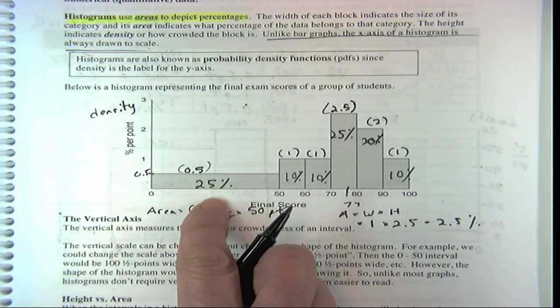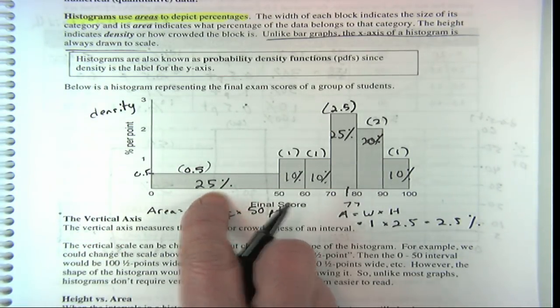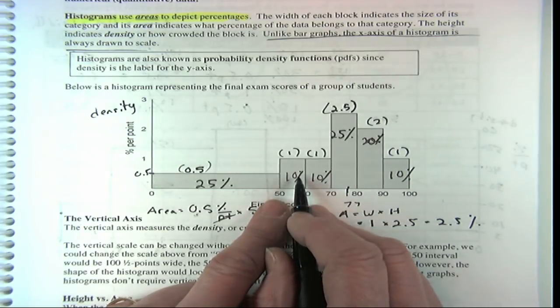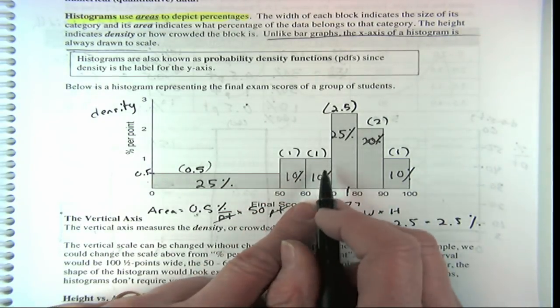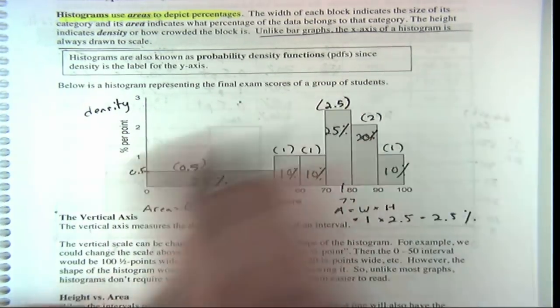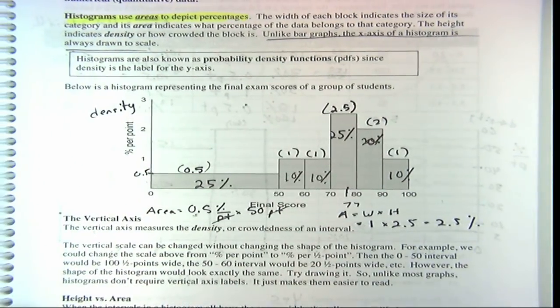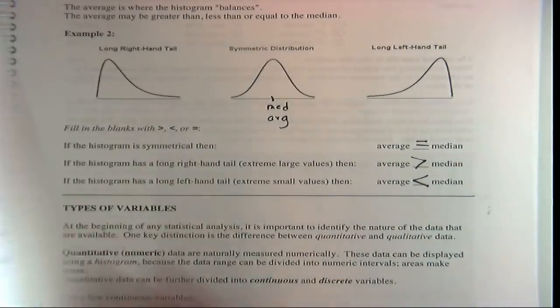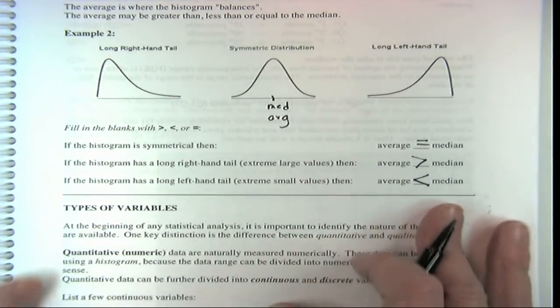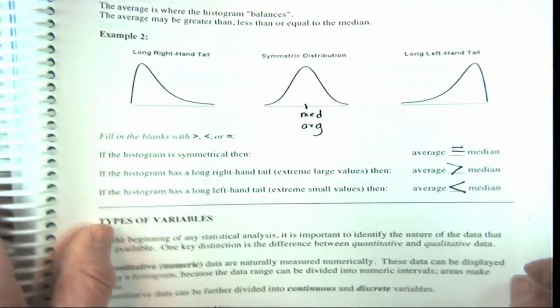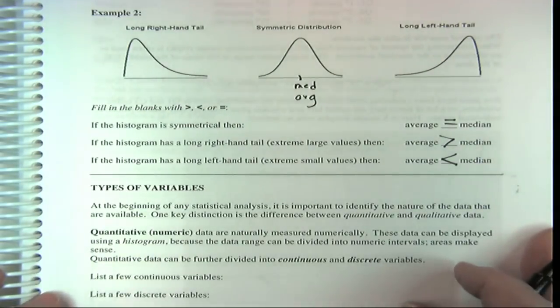So 0.25 times 25 here. And then you'd say 0.1 times 55 plus another 0.1 times 65, etc. So you'd have to take a weighted average. Okay? All right. We're not going to be doing that right now.